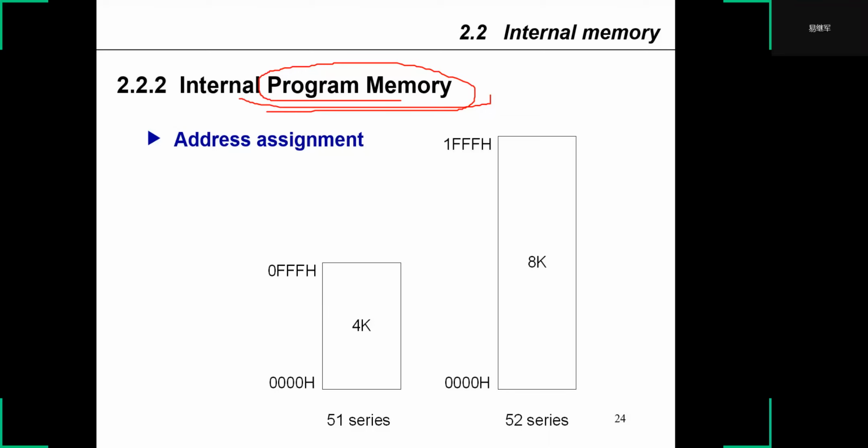The data stored in the program memory cannot be changed. So the data stored in the ROM cannot be changed, but the data in the data memory, or RAM, can be accessed and changed. Okay.